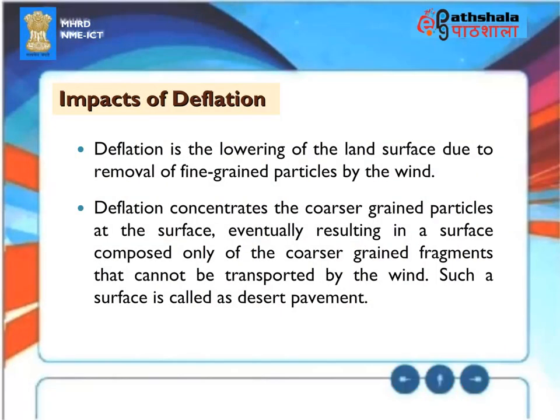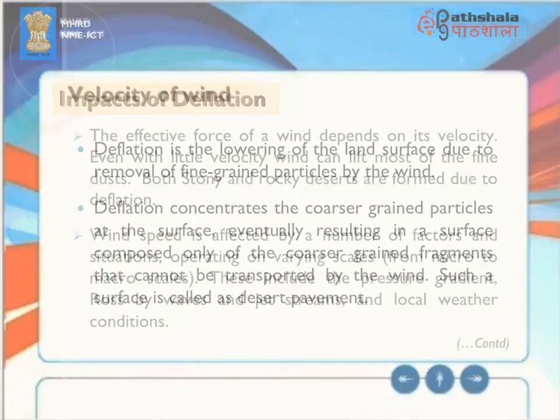Deflation is the lowering of the land surface due to removal of fine-grained particles by the wind. Deflation concentrates the coarser-grained particles at the surface, eventually resulting in a surface composed only of the coarser-grained fragments that cannot be transported by the wind. Such a surface is called desert pavement.